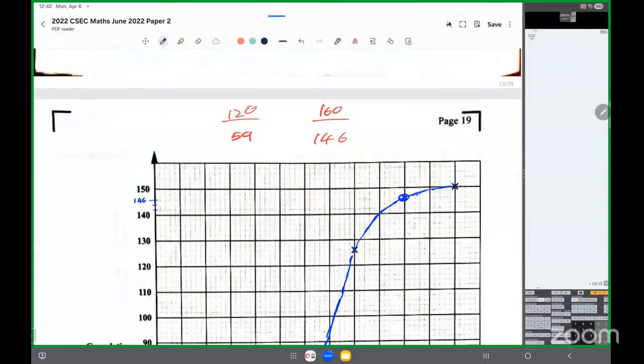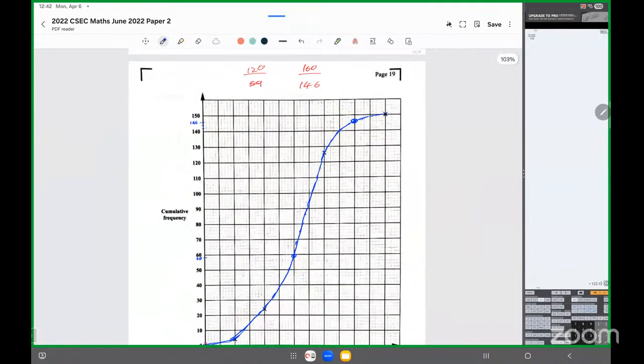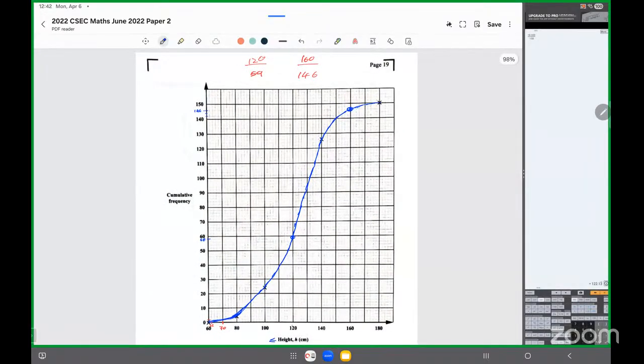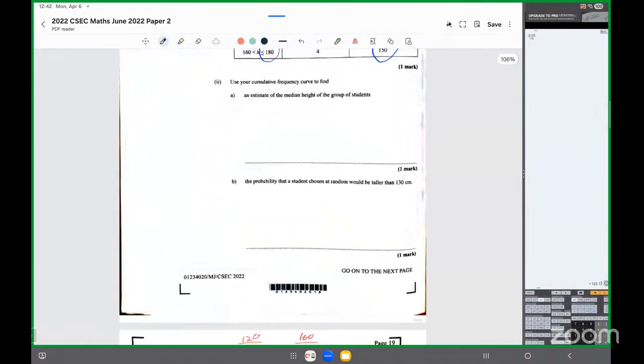So a smooth curve through the points. That's good enough, I think. I'll put this on the exam paper and they will give me the marks. That's the O-give shape, guys. That's a curve, and they wanted us to get something from it.